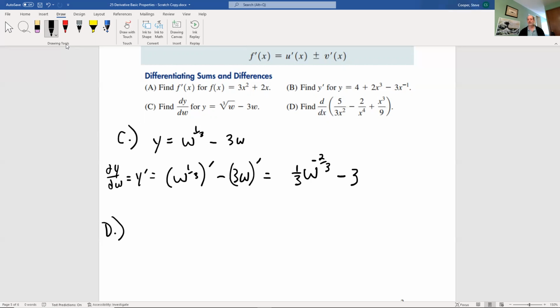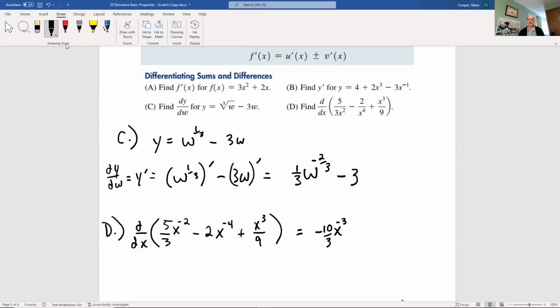Okay, so if I take the derivative of this entire string with respect to x, then I'm just going to go through these one at a time. This is going to become negative 10/3 x to the negative 2 minus 1 makes that negative 3.